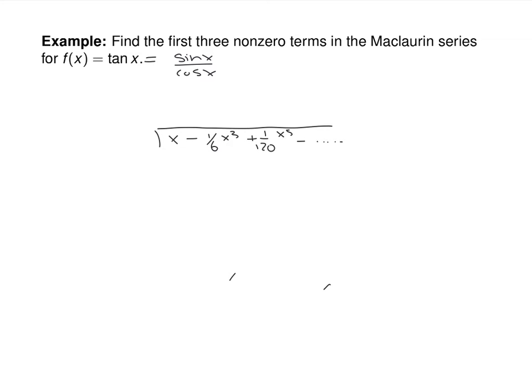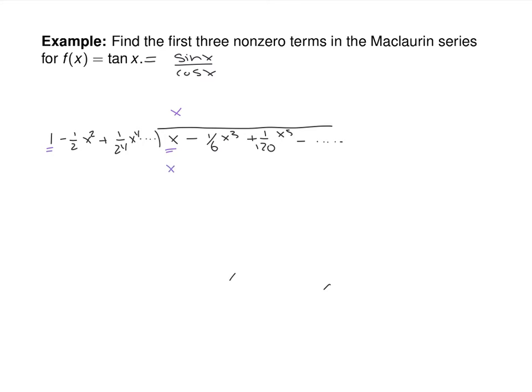And we're dividing in 1 minus 1/2 x squared plus, now 1 over 4 factorial is 24, 1/24th x to the 4th, and more stuff. And we have to do polynomial long division. So what you think about is, what do you multiply this one by to make it match that x? And the answer is x.